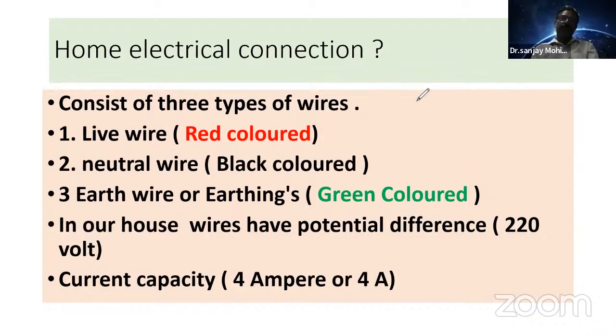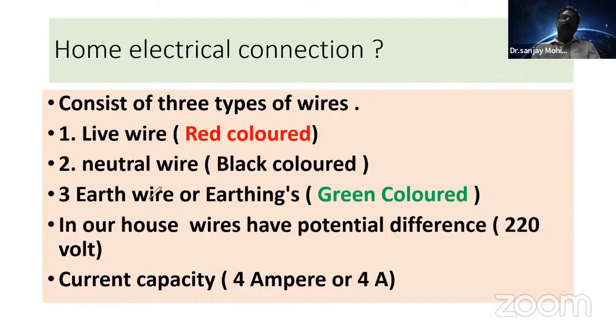For 2-pin plugs, we basically use mobile chargers and devices which have a small potential difference. But when we use an electric iron, fridge or AC, we use 3-pin plugs. What is meant by 3-pin and 2-pin plugs?